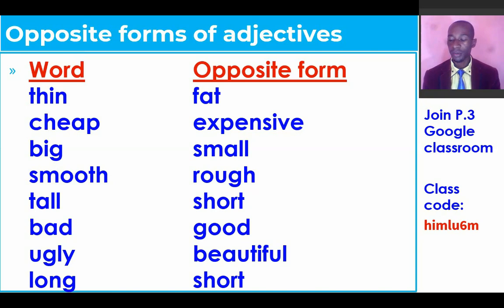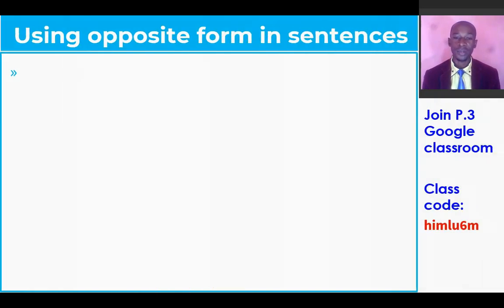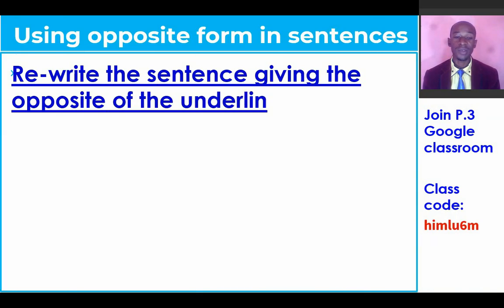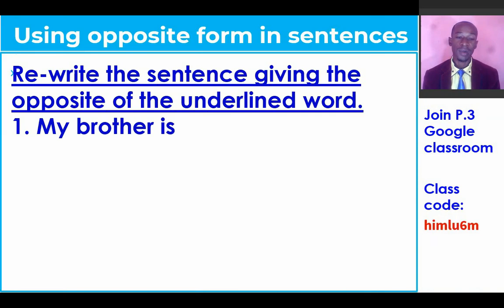I think let us look at some sentences to understand this better. Using opposite forms in sentences. Here, we may say rewrite the sentence giving the opposite of the underlined word. Then what does number 1 say? My brother is a strong boy.